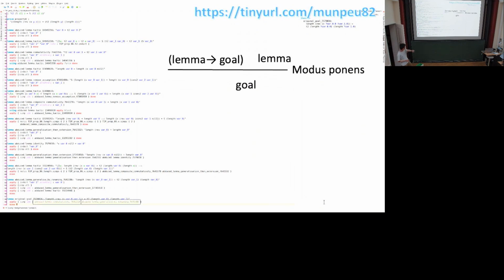For example, this is the final goal. And we used two auxiliary lemmas to attack the final goal. And to prove the auxiliary lemmas, we introduced two more auxiliary lemmas. So here, we introduced these auxiliary lemmas. And to prove these auxiliary lemmas, we introduced in total 4 auxiliary lemmas.